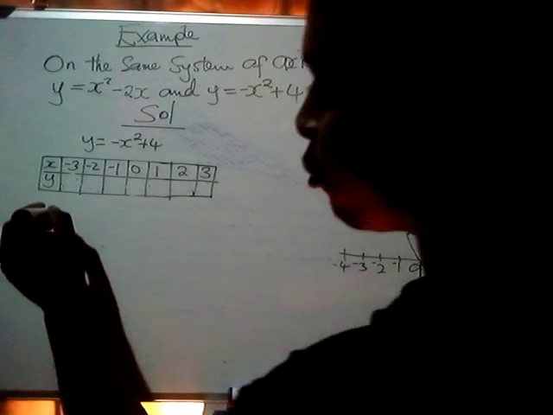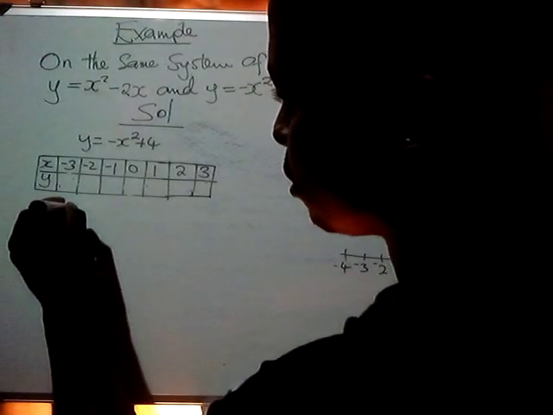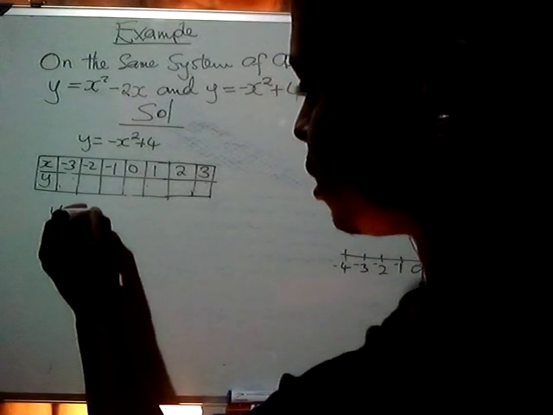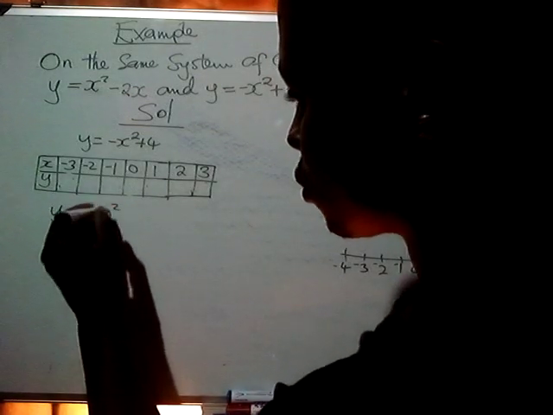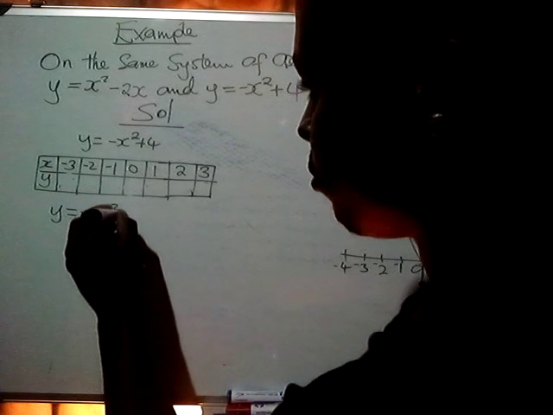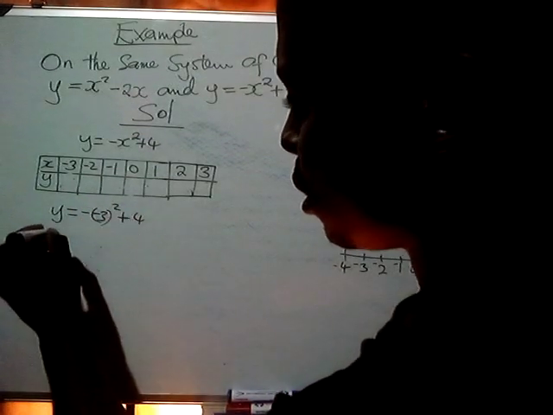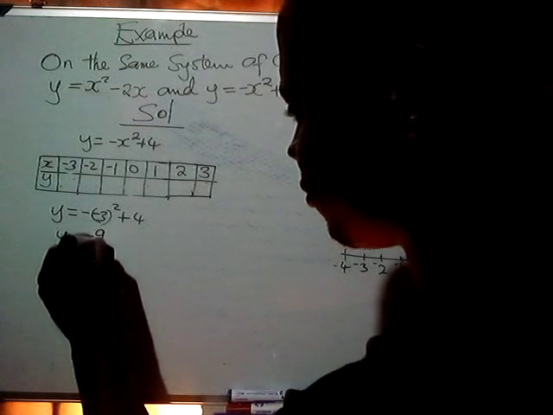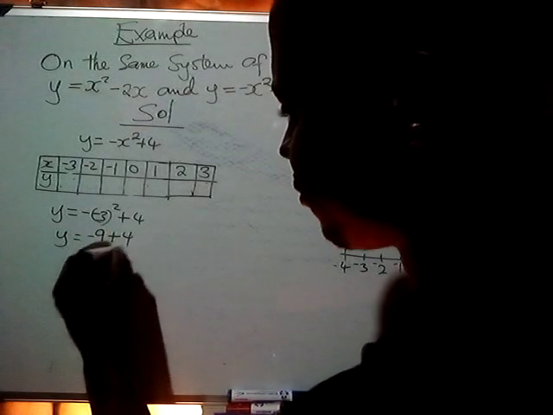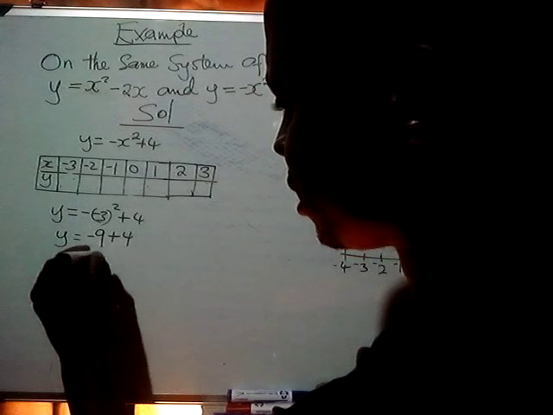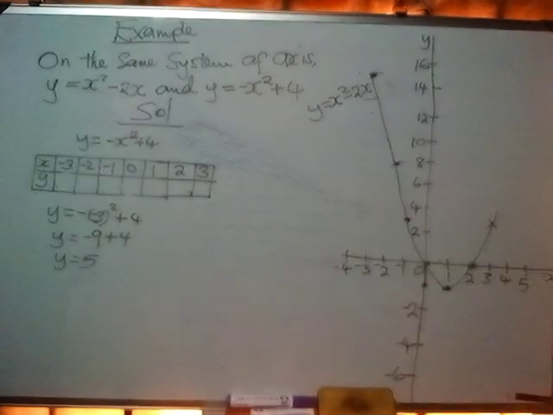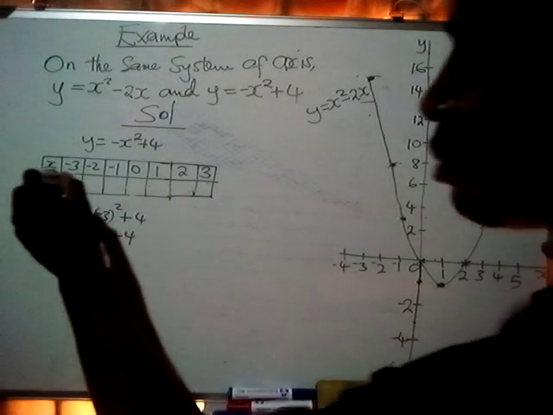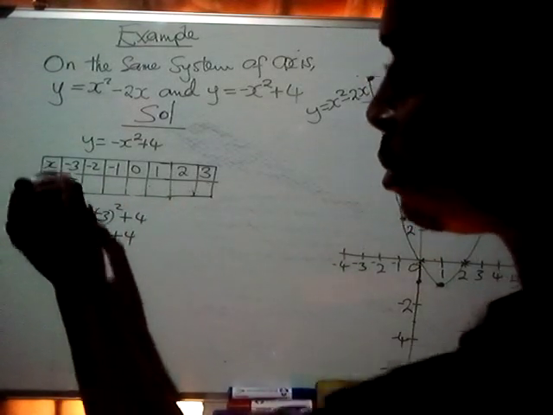So this one now, it will be y is equal to -(-3) squared plus 4. (-3) squared is 9, so -9 plus 4, our y is -5. We put it there.